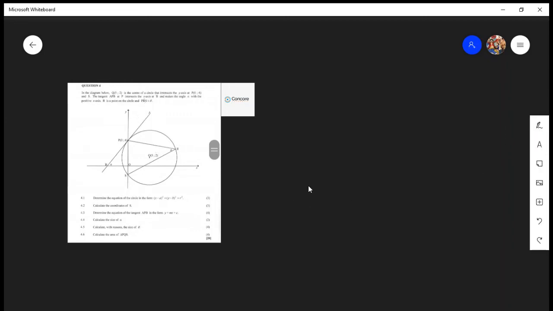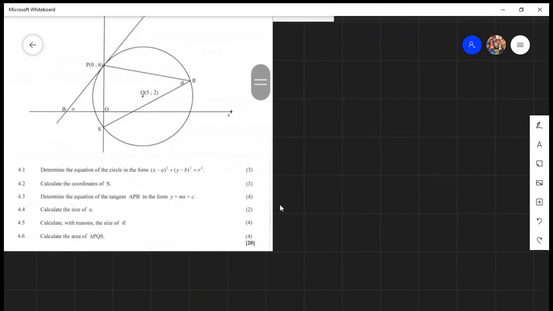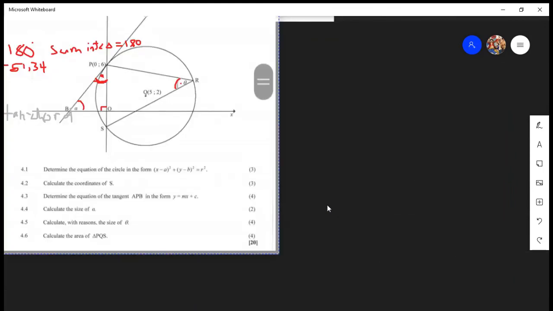So the last question says calculate the area of triangle PQS. Where did the question go?